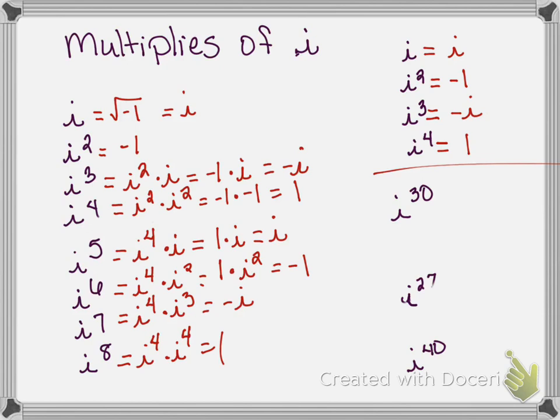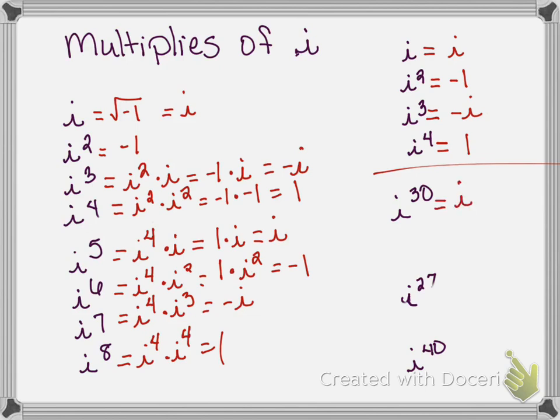Okay? So if I've got i to the 30th, what is the closest multiple of 4 to i to the 30th? 28. Okay? So how many do I have left over? 2.